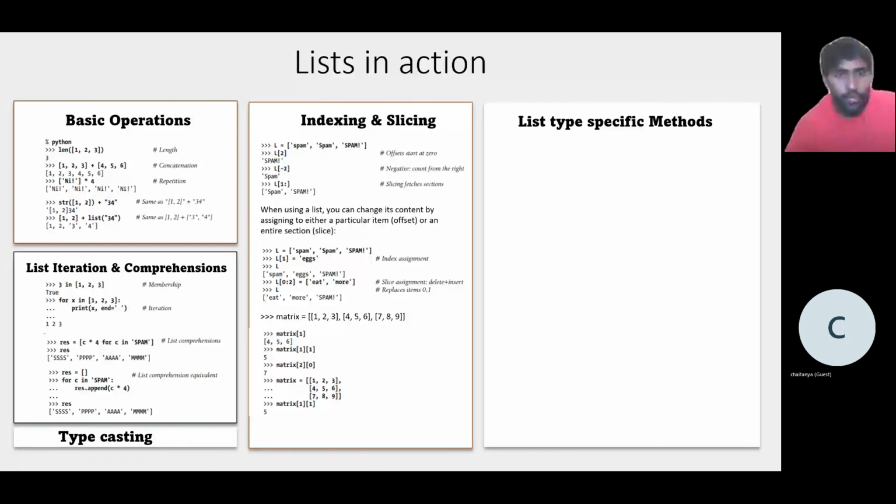Now, let's take one example here. Look at this: for x in list of 1, 2, 3 colon, and then indentation and a print statement. So here it has given 1, 2, 3. This is an example of iteration.